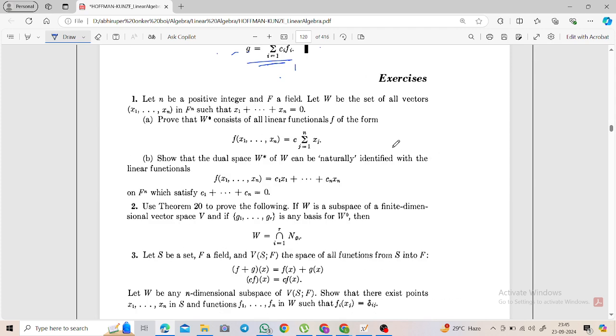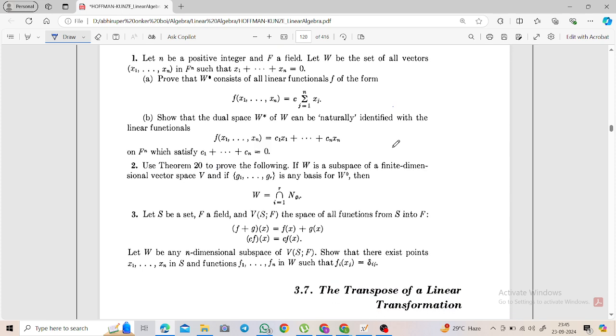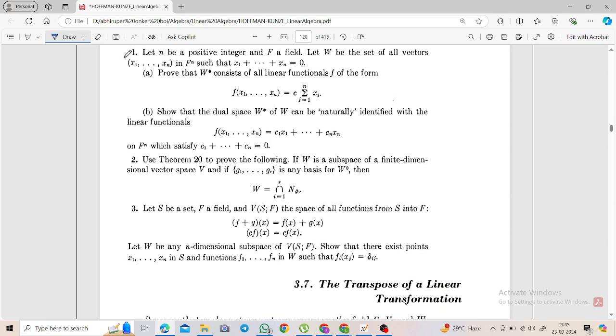Oh, there are only three problems. I think we can do it now. So let's try 1, 2, and 3. Let's try. Try 1 first. You have 2 to 3 minutes. Try 1.